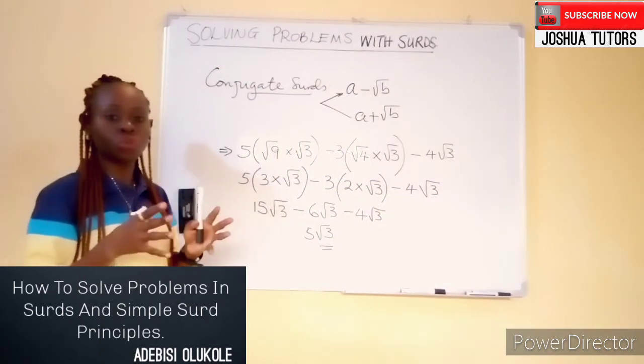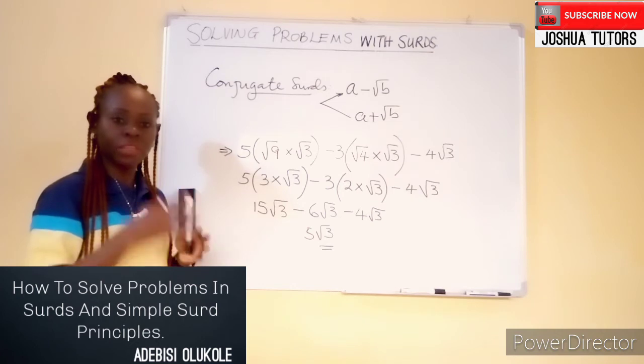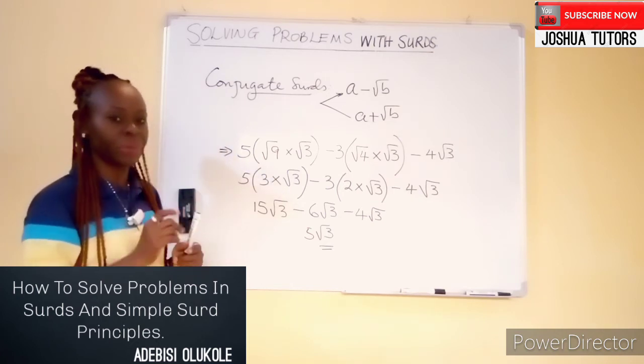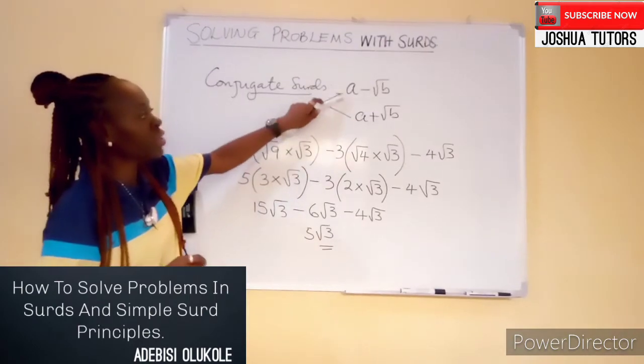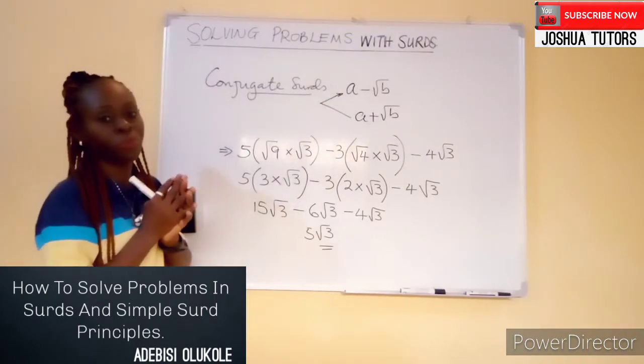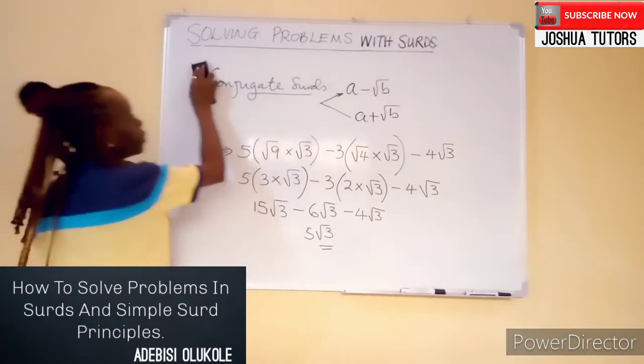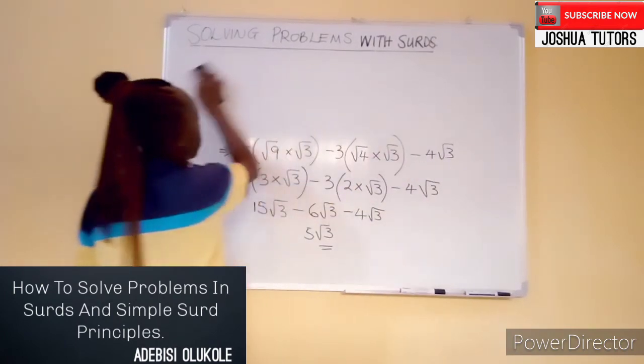Anytime two conjugate surds multiply, it gives you a rational number. So conjugate surds multiply to give you rational numbers. Okay, so let's take an example now.